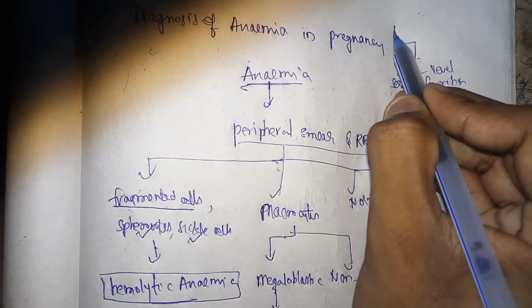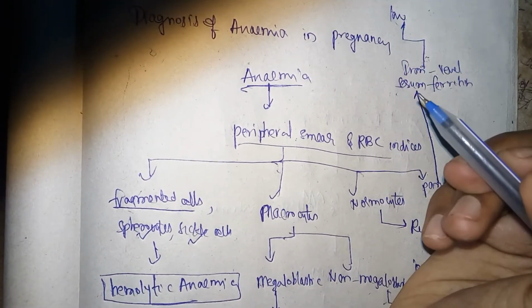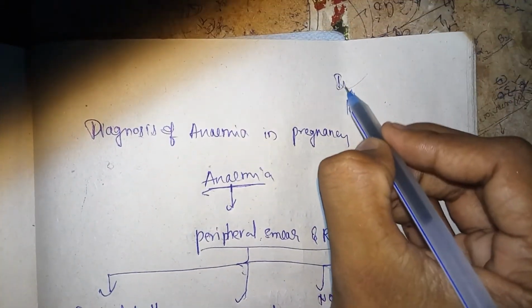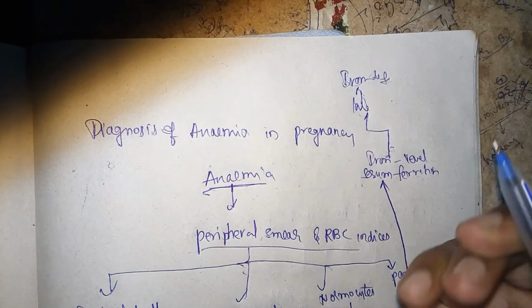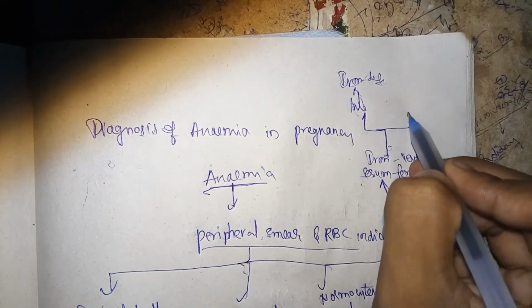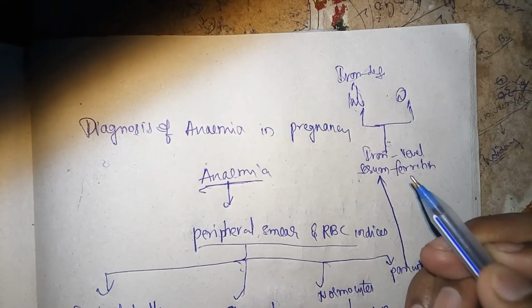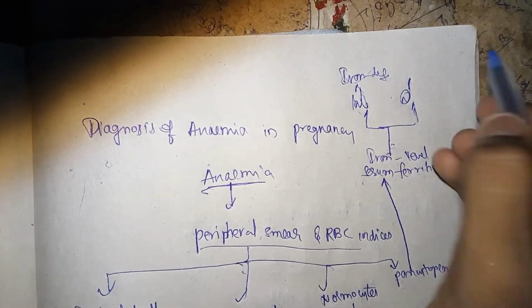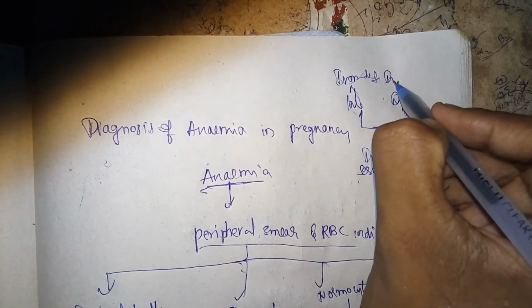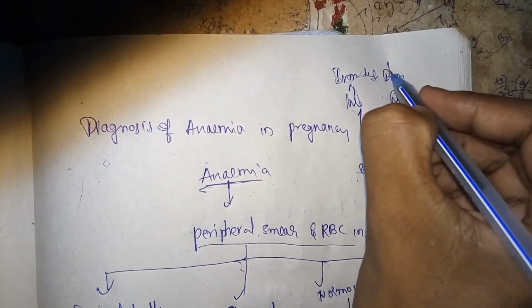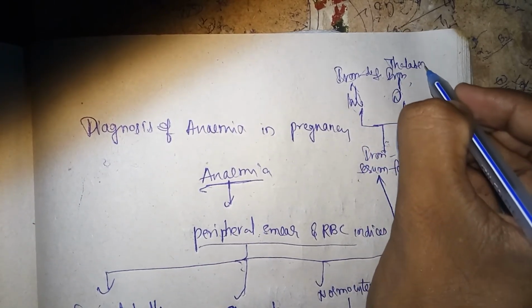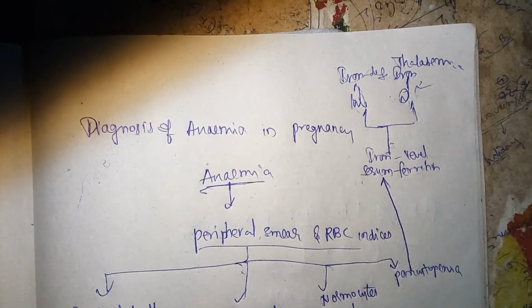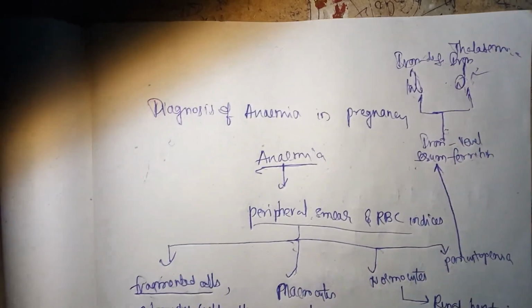If these levels are low, then the cause of anemia will be iron deficiency. If they are normal, then the cause of anemia could either be iron deficiency, or the anemia may be thalassemia. Okay, these are various causes, and this is something about diagnosis.